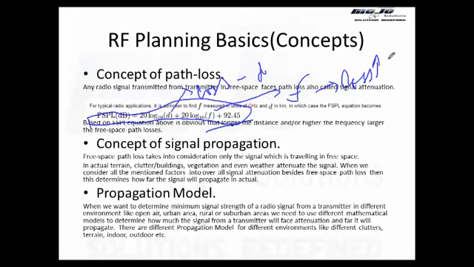The question was why 92.45? Then again, you will have to go into how this equation is derived. If you have been through how this equation has been derived, then you can understand why it's 92.45.